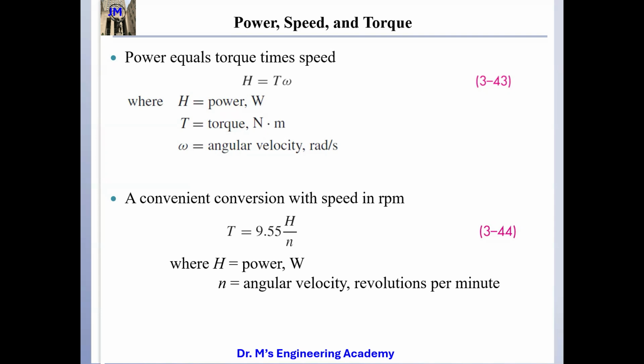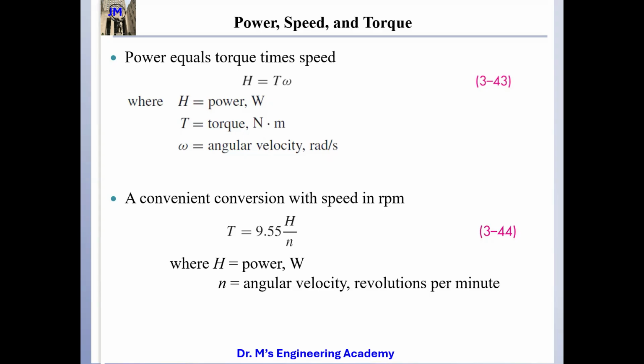The power is in watts, the torque is in Newton meters, and omega, the angular velocity, is in radians per second. These three are international standard units: watts, Newton meters, and radians per second. However, sometimes we use horsepower for the power. This is a conversion with the speed in RPM.